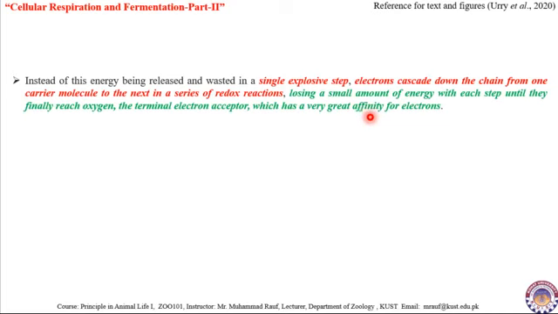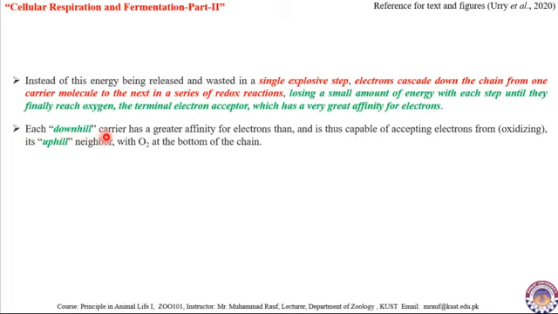So what is affinity? Affinity refers to the ability of an atom to attract a pair of electrons towards itself. So this oxygen, because of possessing high electronegativity, has higher desire for electrons, and it is the final acceptor of electrons.